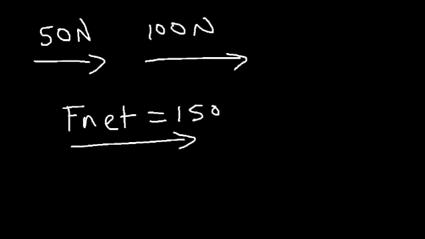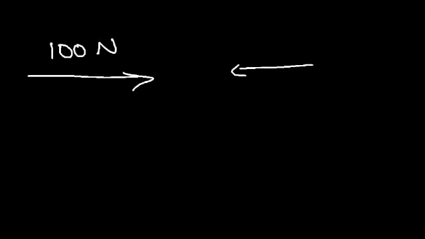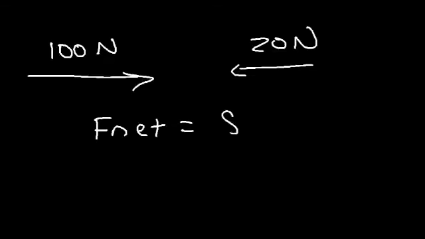So it's going to be 150. Now what about having two vectors in the opposite direction? If you have a 100 Newton force directed to the right and a 20 Newton force to the left, what's the net force? How can you add these two vectors? It's going to be 100 minus 20, so it's 80 newtons.